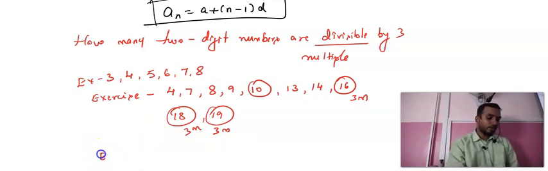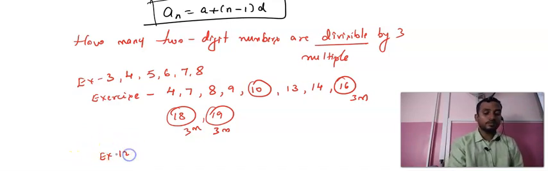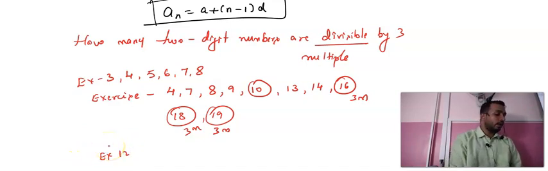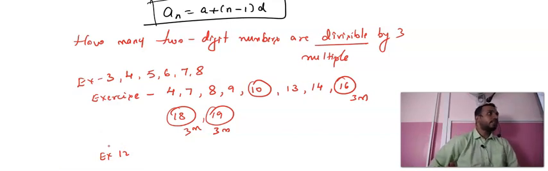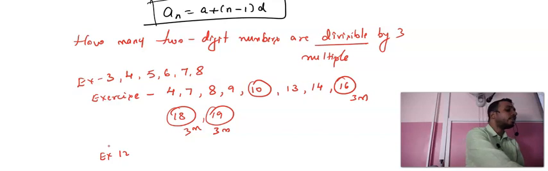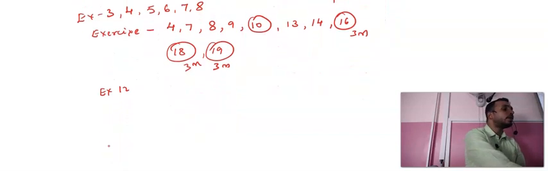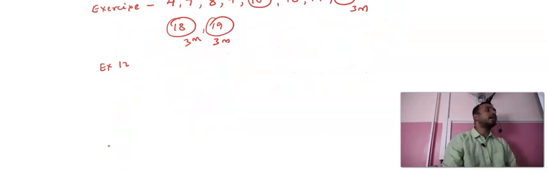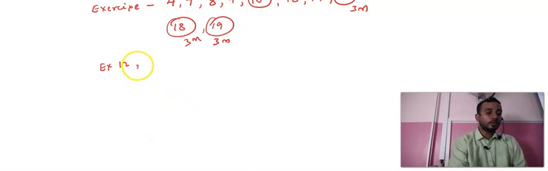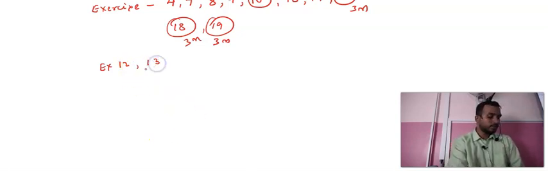And apart from that, next example number 12. I want you to practice all these sums once. Got it? Instead of solving the entire chapter, please try to stick with these questions and practice the problems. Example number 12, 13, 14.